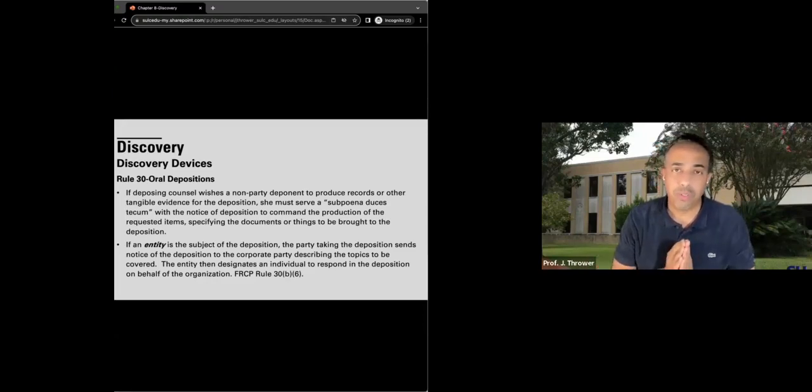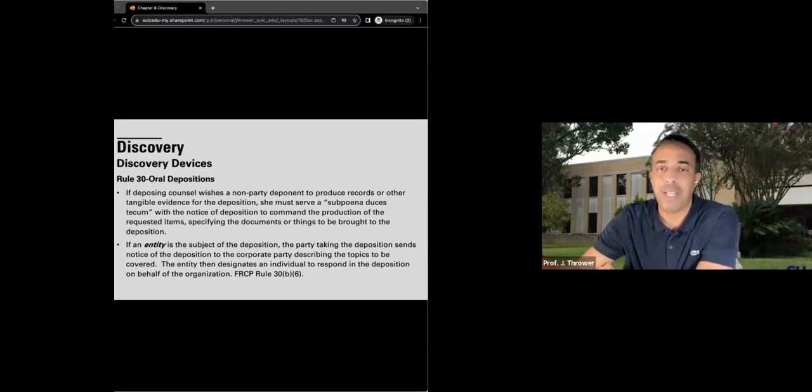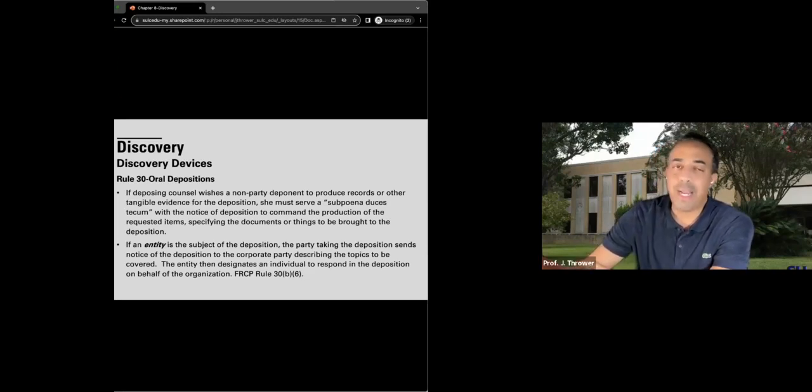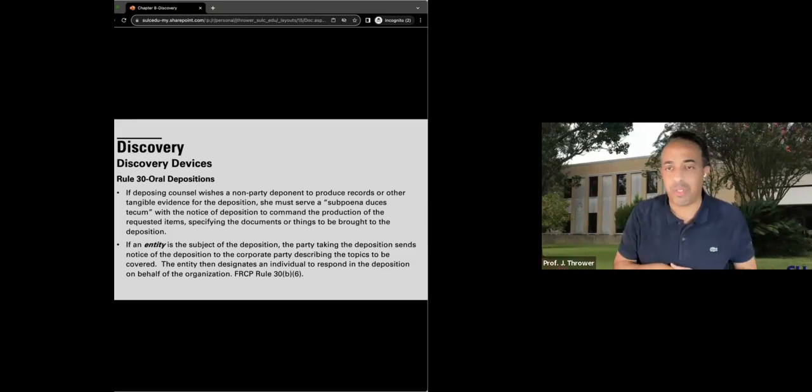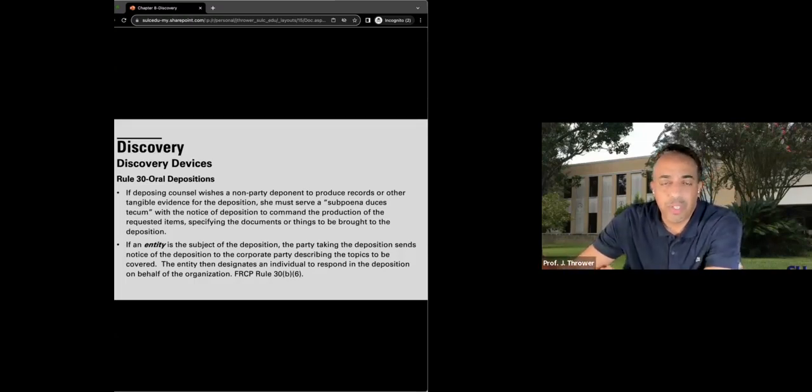Once the corporate entity receives the notice of deposition, they are required to designate an individual to respond in the deposition on behalf of the organization. In practice terms, this is known as the 30(b)(6) deposition or the corporate deposition, which is a very important discovery tool used when conducting depositions.